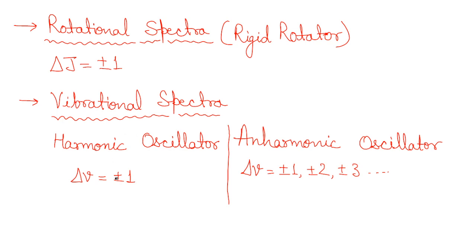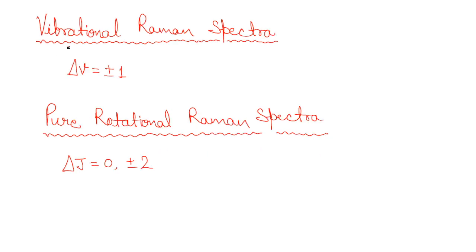From here you can even compare that vibrational spectra related selection rules we have written for the vibrational quantum number, and for rotational spectra related selection rules we have written for the rotational quantum number J here. In the previous points, J was the angular momentum quantum number, but from here when I'm talking about J, that's going to be the rotational quantum number J, corresponding to which we are going to consider this selection rule.